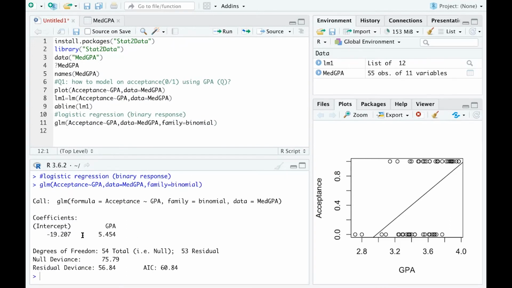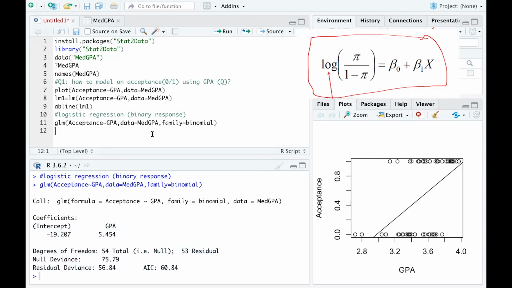So let's run that line. And you can see we have coefficients estimated here. We have intercept, GPA, and we have other values here which we will not talk about right now. But we can definitely write out the model, which is log pi over 1 minus pi, that's the logit transformation, equals beta 0 estimate plus beta 1 estimate times GPA.